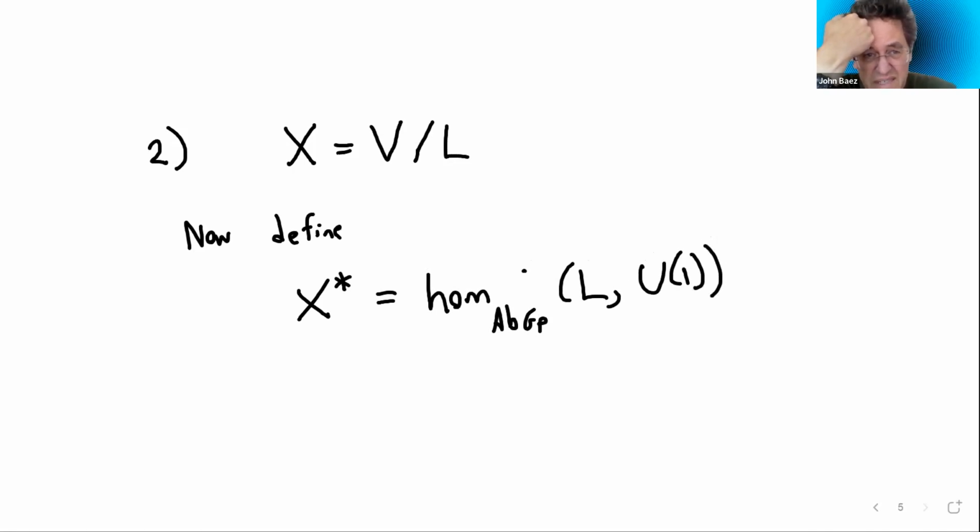That's going to give you something torus-ish, because the Pontryagin dual of a finitely generated free abelian group is going to be a torus.